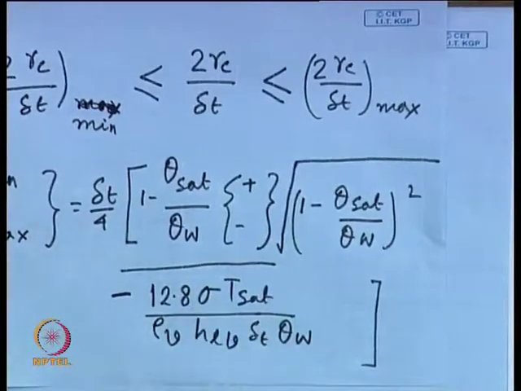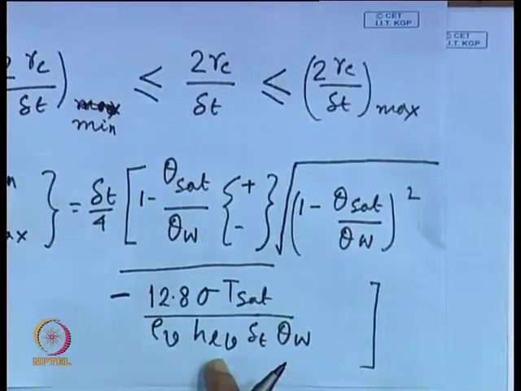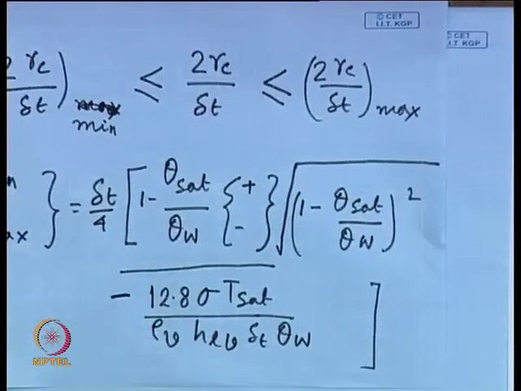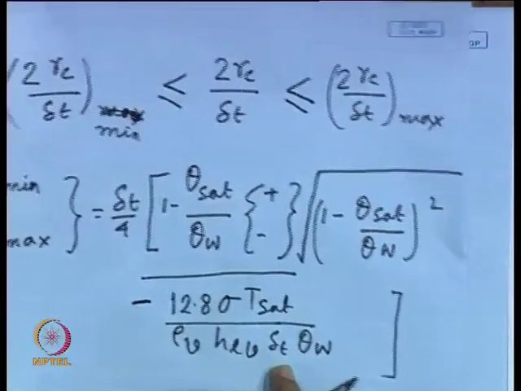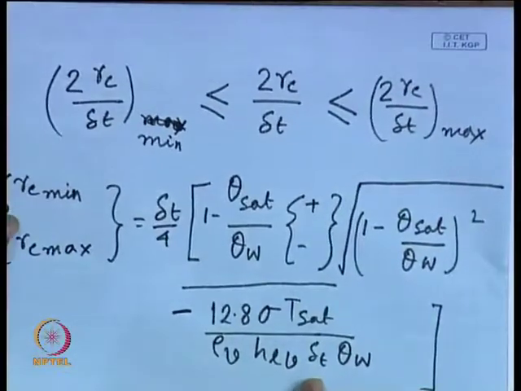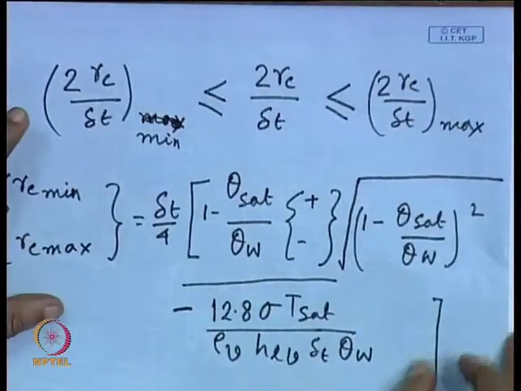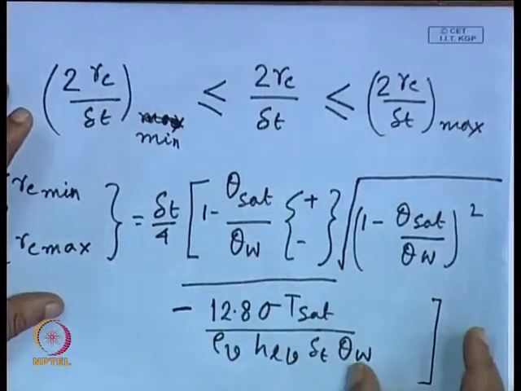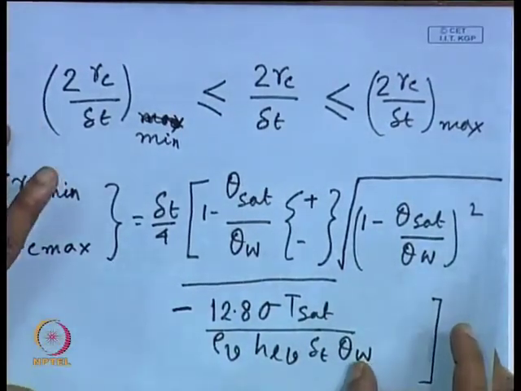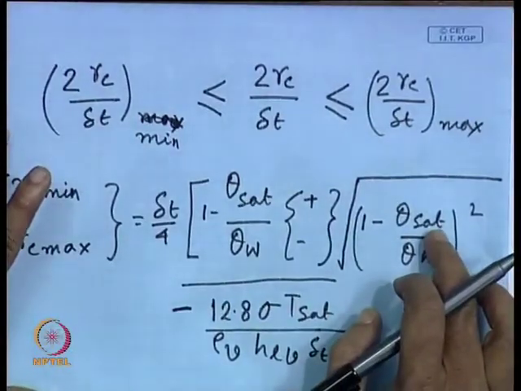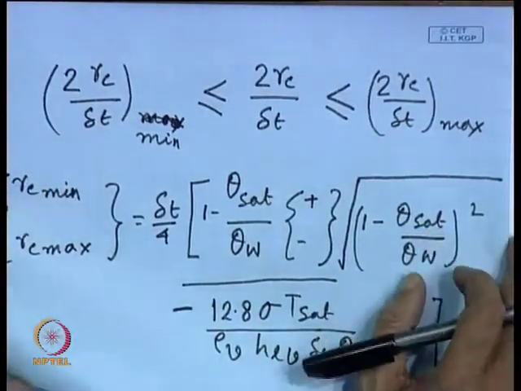It depends on sigma, rho v, H L v, etc. It also depends on delta T, the thickness of the thermal boundary layer. And the wall temperature, this could be a variable one, but it also depends on the theta saturation temperature.